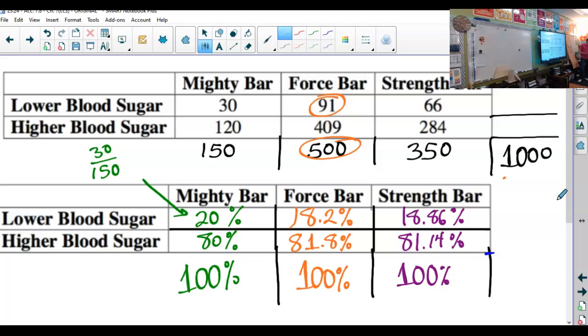So when they say the strength bar is packed with more, at least if we look at the blood sugar comparison, technically yeah, it's just 1.2% more. Is a 1% difference really statistically meaningful? If it was 1% versus 2%, okay, sure, that 1% difference makes a big deal. But this is like 80% versus 81.